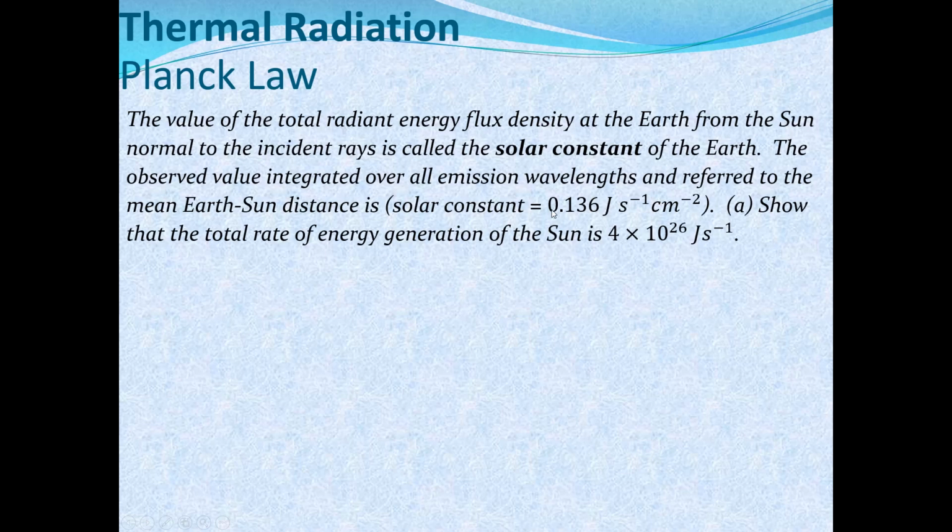So the solar constant is going to be equal to this. And they want us to show that the total rate of energy generation from the sun is equal to this. So this is the power, if you will. So first, we have the energy flux density being equal to this solar constant. This is the energy flux at the location of the Earth. And then this ends up being the distance to the Earth.